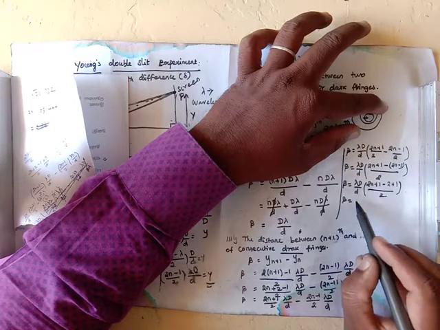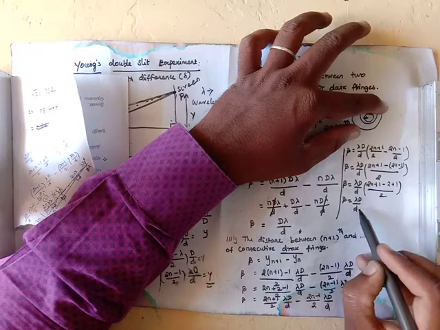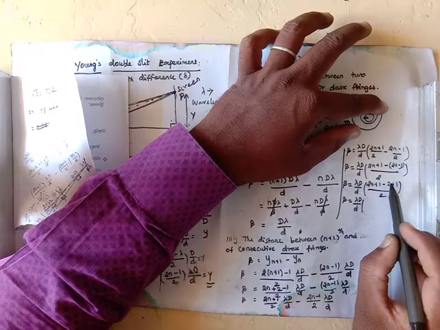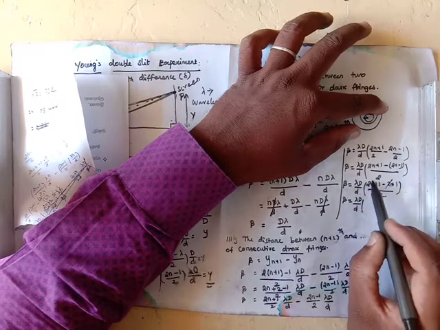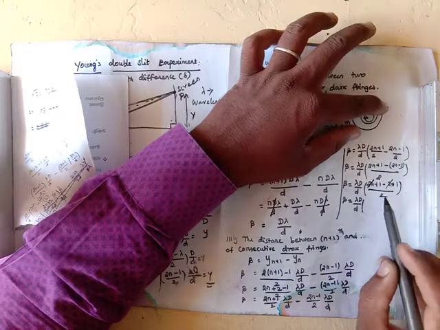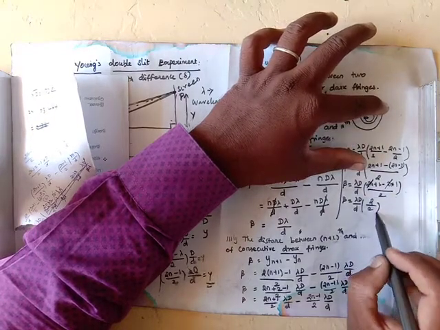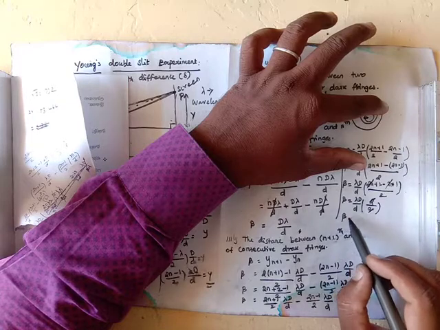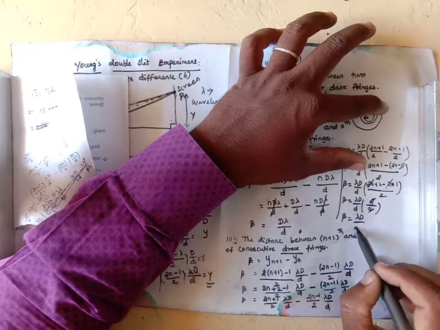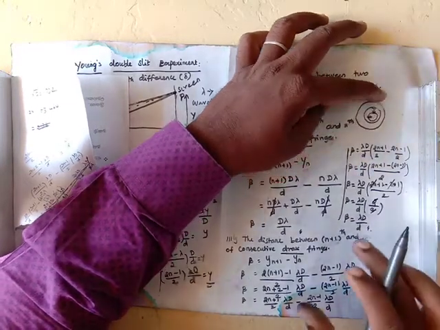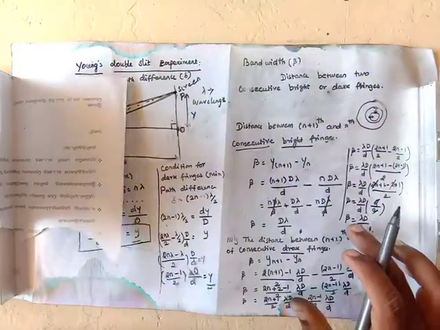The 2n and minus 2n cancel, remaining plus 1 plus 1, that is 2 divided by 2, which cancels. So beta is equal to lambda D divided by d. This is the bandwidth for the consecutive dark fringes.